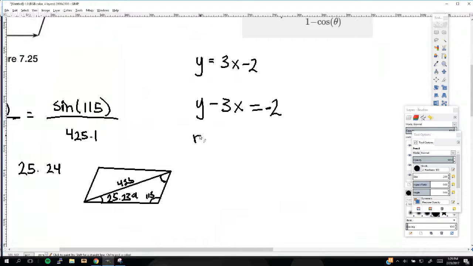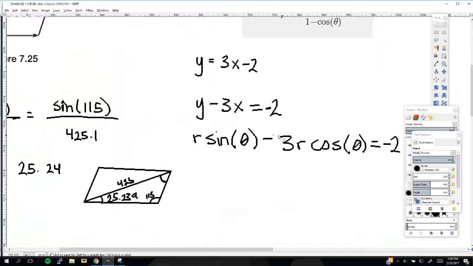And then I made this r sine theta minus 3r cosine theta. So once again there's a 3 there, and you could say that there's a 1 before sine, right? But before r. Yeah, I just don't know how you get rid of the 3.